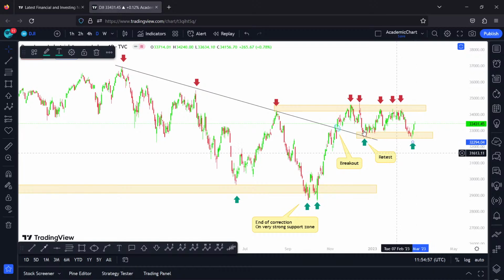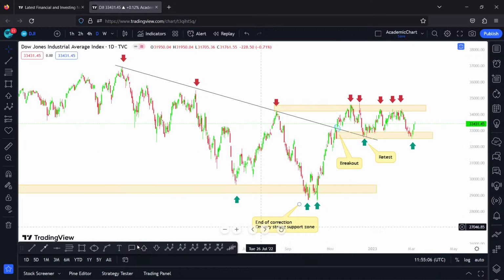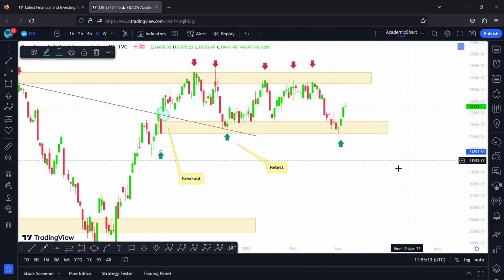This is now price ranging, just going up and down between these two channels. Here, I can draw another one as well. Here, let's zoom in to have a better view of that.